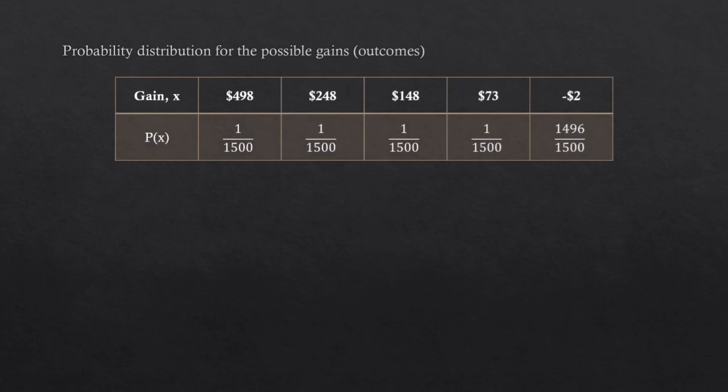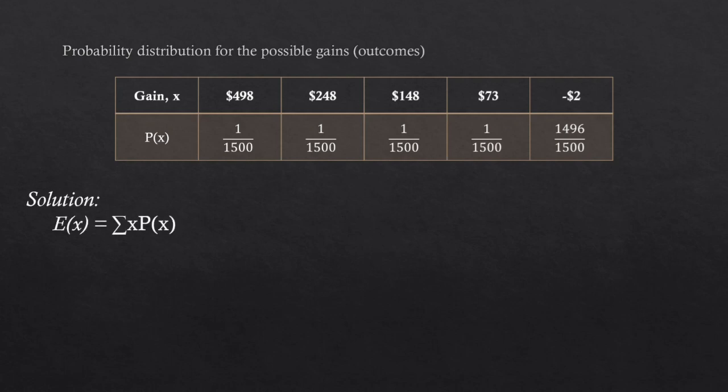Probability distribution for possible gains or outcomes. As you can see in the table, the probability of $498, $248, $148, and $73 is 1 over 1,500, and the probability of negative $2 is 1,496 over 1,500.